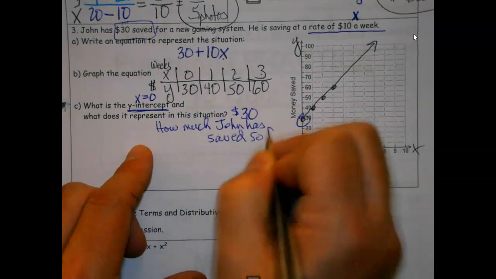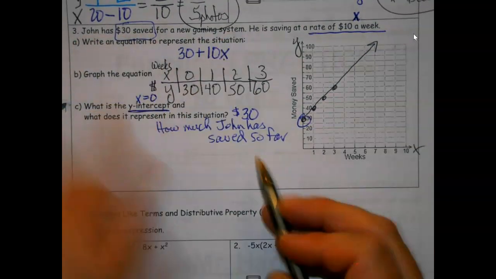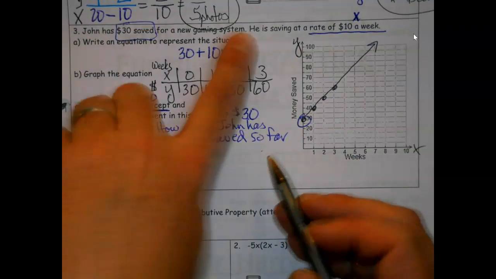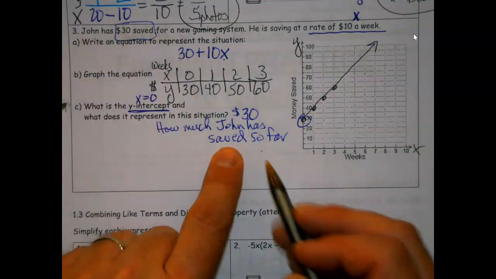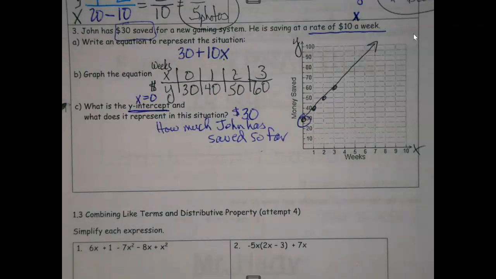Yeah, because if I look at the very first sentence, John has saved $30 for a new gaming system. Like the first sentence, you could even just copy the first sentence here, and that would be good. That's typically going to be how it works. Whatever you've done at the start that doesn't have x, that's going to be your y-intercept. That's going to be the value you plug in.